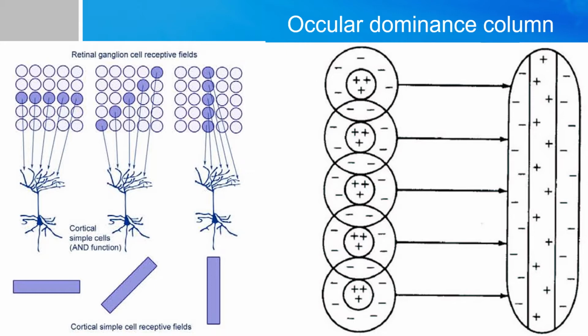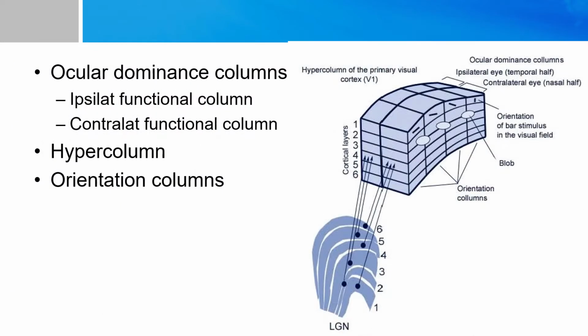The visual cortex forms its own receptive fields by combining the individual on-off centers to form a line detector of different orientations depending on which receptive fields you combine. So the cortical regions, as a rule, are organized into functional columns. These are the basic unit in which information processing happens.